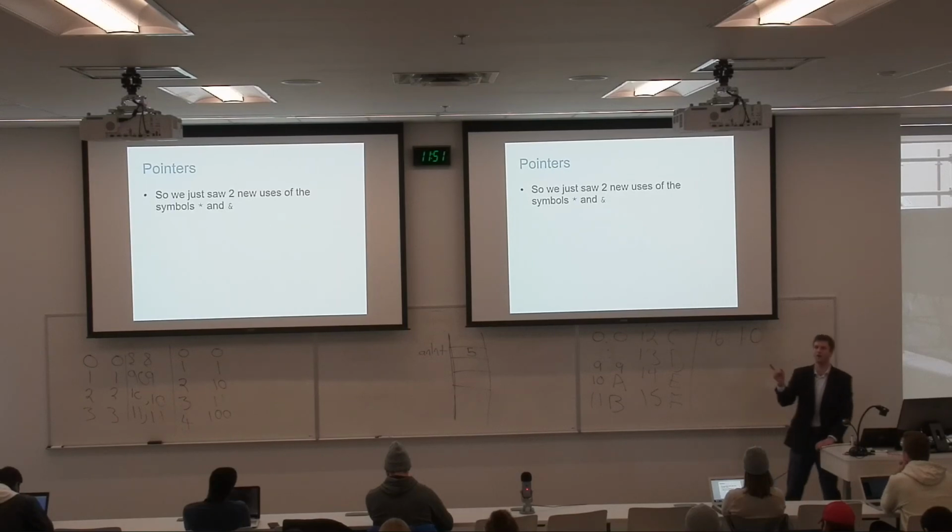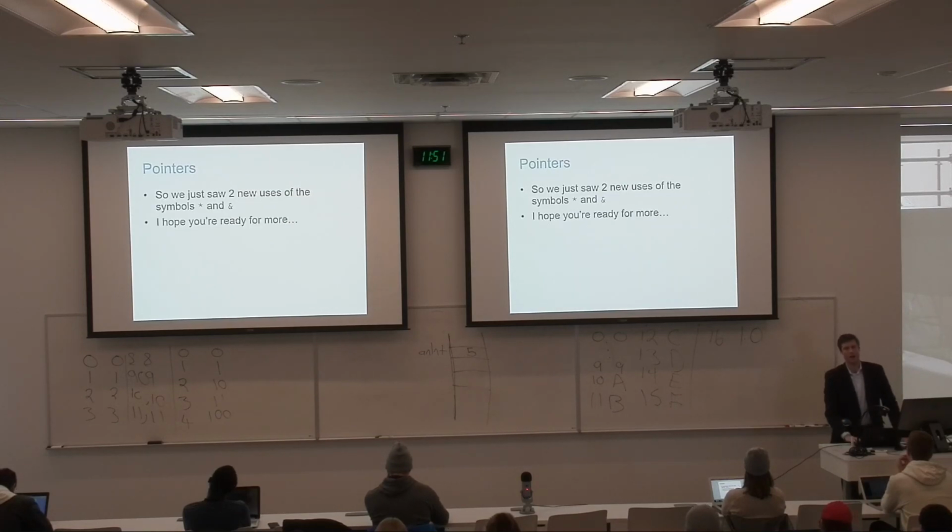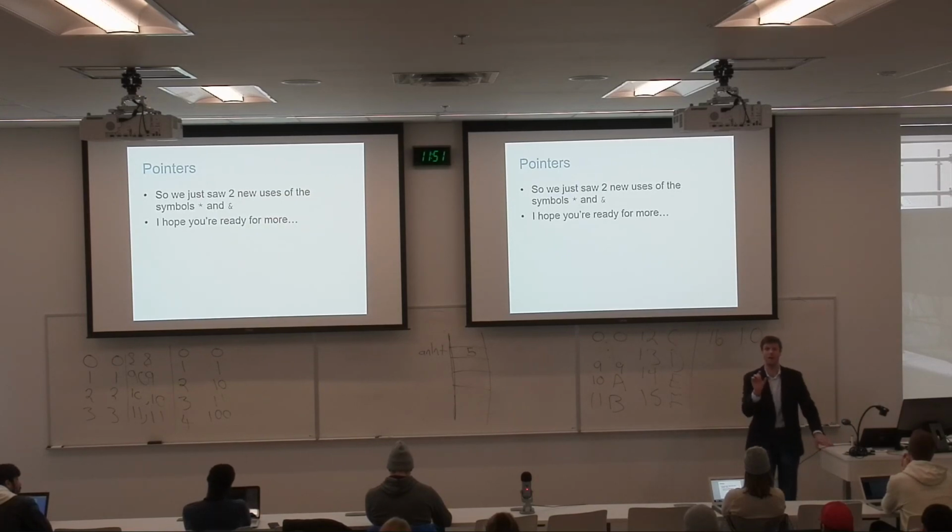And star, in addition to multiplication, could mean, create a variable that's a pointer to something of this type. So it's a modification to the types, when the star is next to the types. We're going to see more uses of the symbols ampersand and star, and it's going to be annoying because they're used in very similar contexts, but the difference is important.